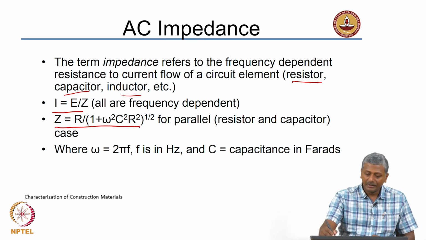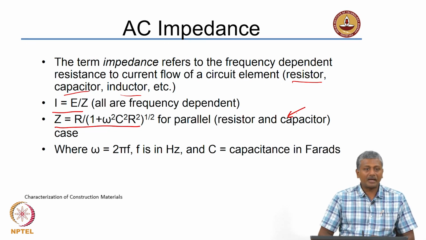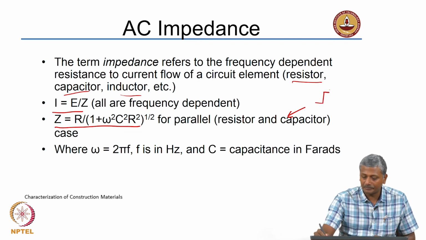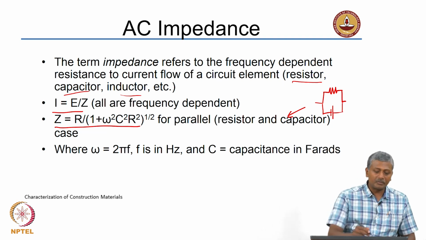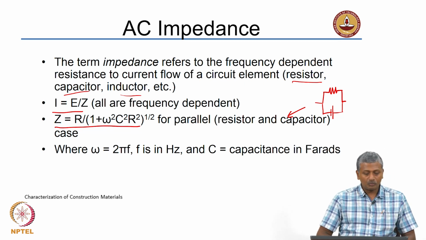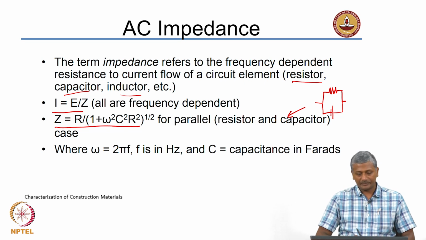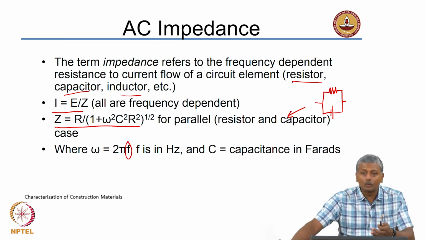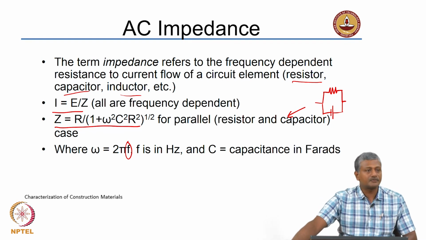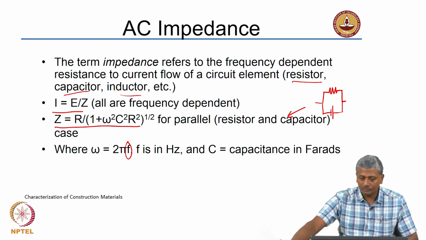For example, for a parallel case of a resistor and capacitor, Z is generally represented by Z equal to R divided by (1 plus omega square C square R square) to the power half, where C is the capacitance in farads and omega is the angular frequency, which is related to the frequency of the alternating current F as 2 pi times F. But we will look more at these electrical circuits that can define the kind of systems that you are studying in just a few slides.